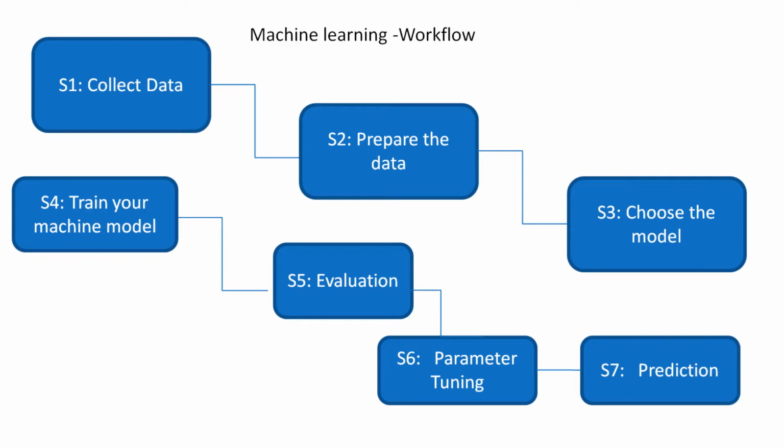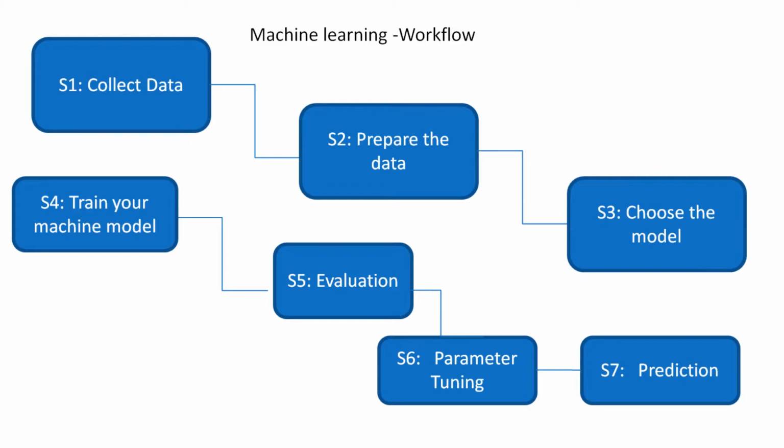Step number 1 is data collection. Every firm has their own data sources, so they will collect the data from there. This is the first step, and the second step is to prepare the data. We can't ensure that every piece of data is clean. Sometimes the data has some impurities. They have to conduct some pre-processing and data cleaning techniques to clean the raw data.